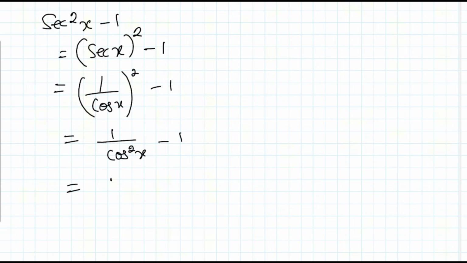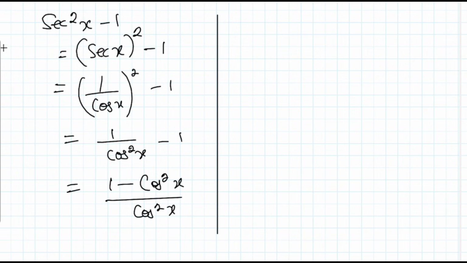If we change to a single fraction, we have 1 minus cos square x all over cos square x. You know that from the Pythagoras identity, 1 minus cos square x equals sine square x, all over cos square x.